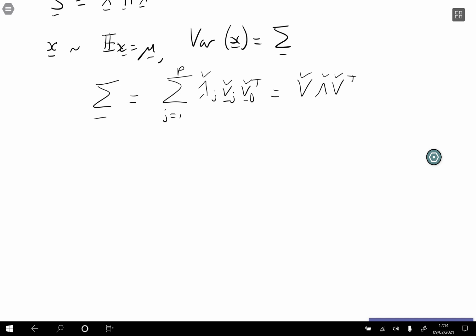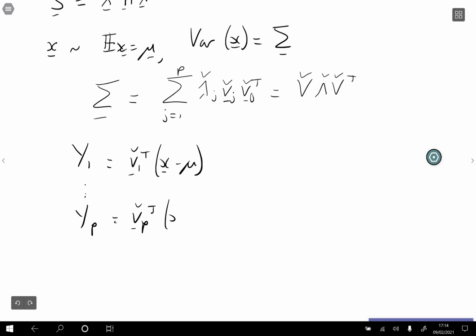Then we can still do a PCA-like transformation of the data. So we can define random variables. Let's define y1 to be v1, that's a check version of v1, transposed x minus mu. And similarly we can define yp to be vp transposed x minus mu.